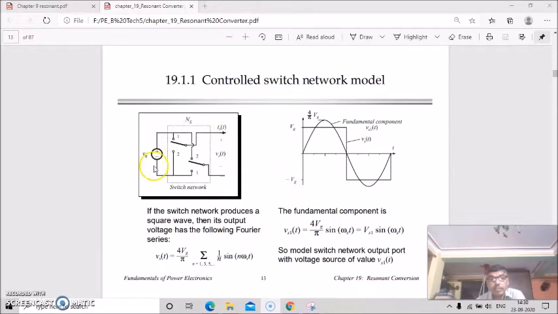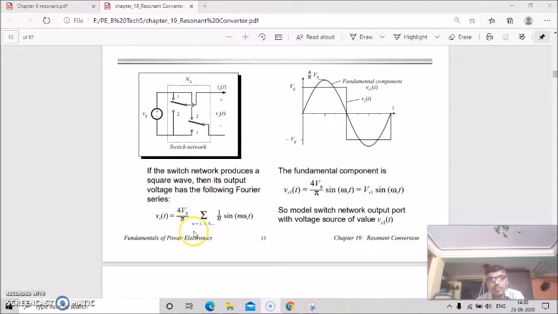This is the switch network, and the switch network produces a square wave, and this is the square wave. Its output voltage has the following Fourier series. So this is the Fourier series, and this is the fundamental component of this Fourier voltage.